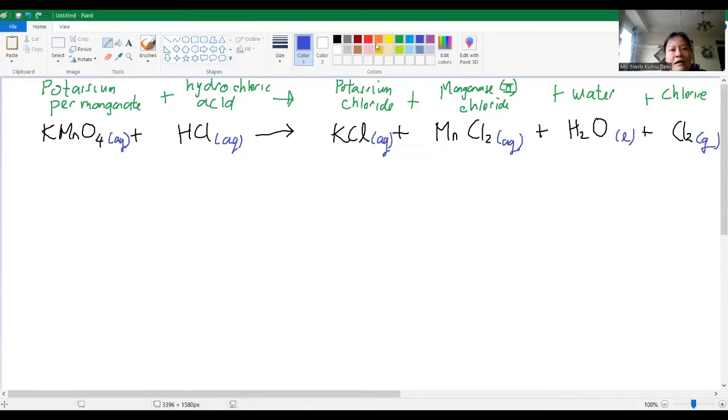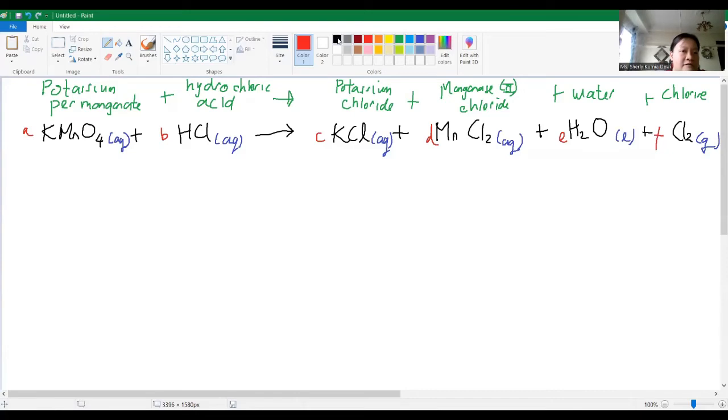To balance this one, we need to use the algebraic method. In Bahasa, we call it rumus ABC, because I will put here A, B, C, D, E, F. First, we will put K, potassium.